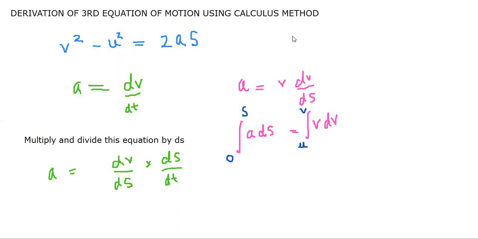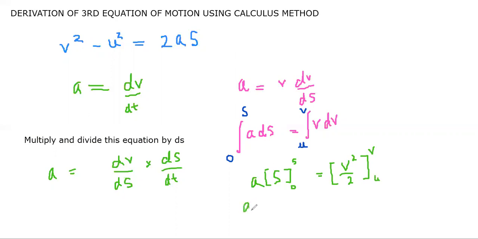Now if you integrate this, a is constant, and the integration of ds is s only. Put the limits 0 and s. The integration of v dv would be v square by 2, from initial to final, u to v.